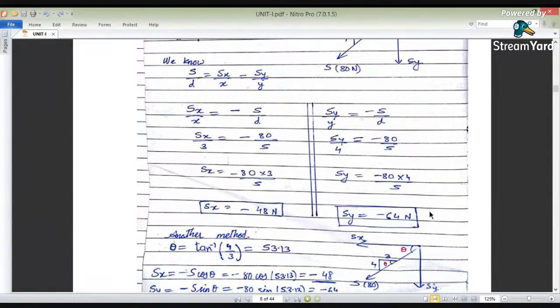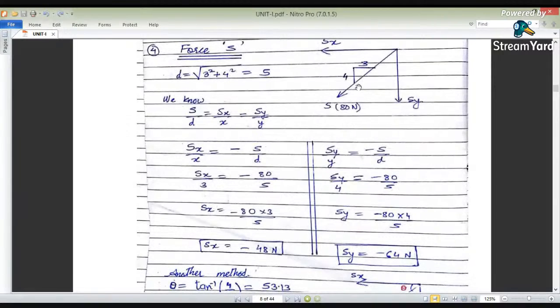So in this way we have resolved the force S when theta is not directly given in some problems. In this case we can find Sx and Sy by similarity of triangles. By resolving this we can find the components in the horizontal direction as well as the vertical direction.